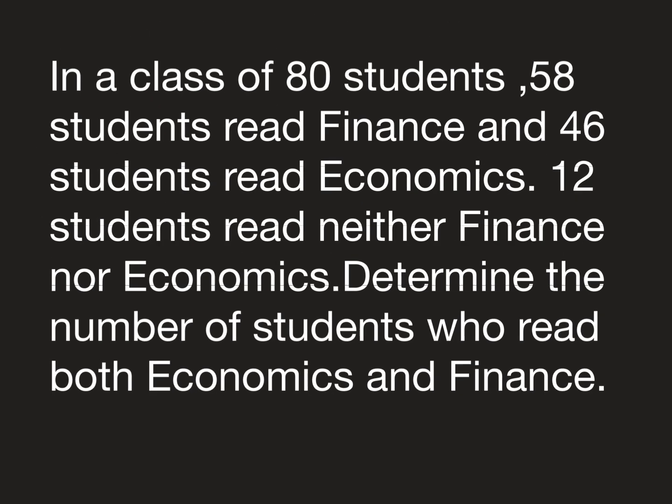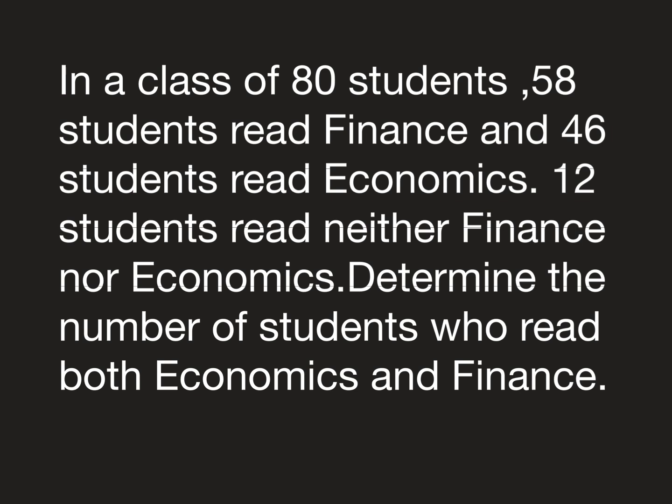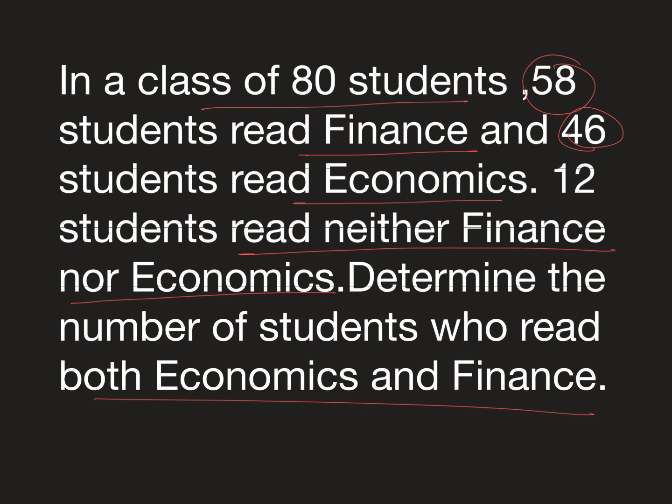It says, in a class of 80 students, 58 students read finance, 46 students read economics, 12 students read neither finance nor economics. Determine the number of students who read both economics and finance.